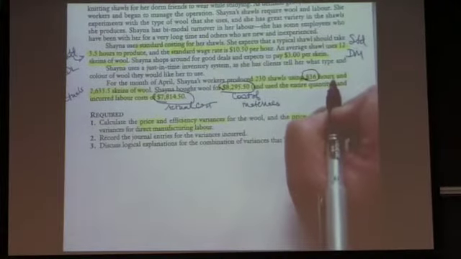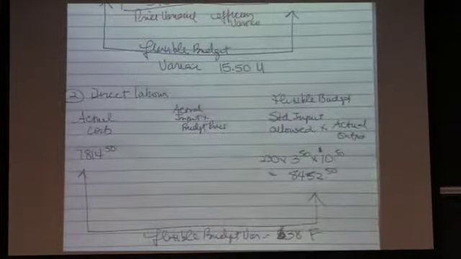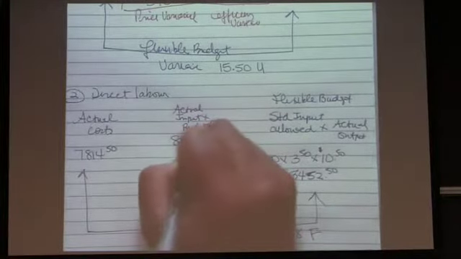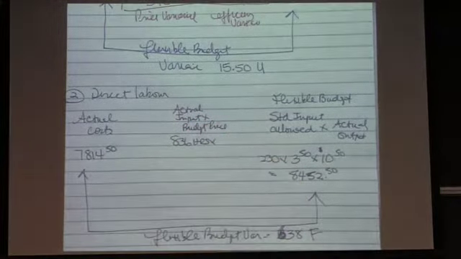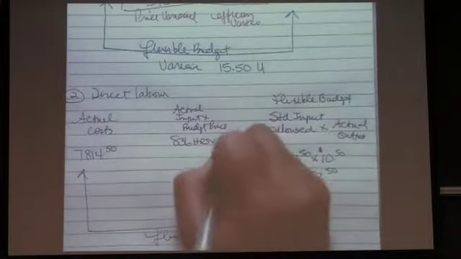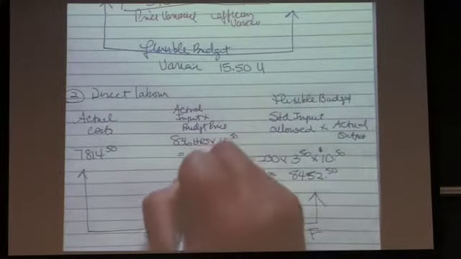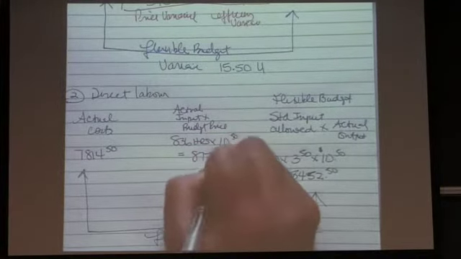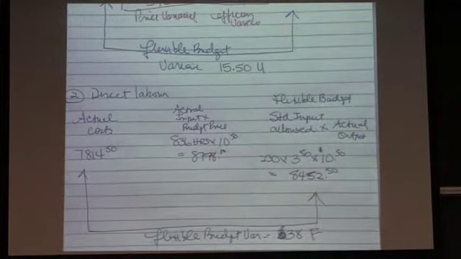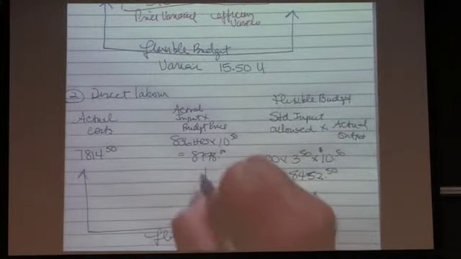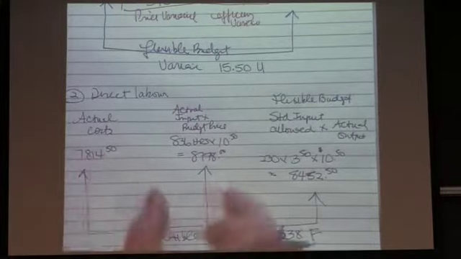I used 836 hours. So 836 times the budgeted rate, which is 10.50, to give me 8778. So the difference between these two is going to be what we call the price.